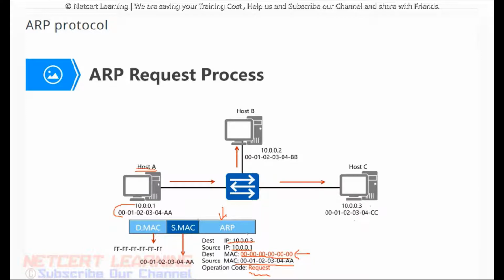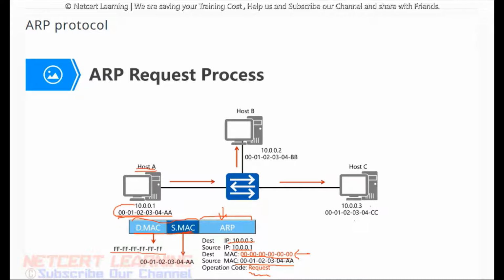This ARP also needs to be encapsulated with a layer 2 frame. In the layer 2 frame, the source MAC address is of course the MAC address of host A. The destination MAC address is still not known, so what MAC address should be used? We can see all ones, FFFF.